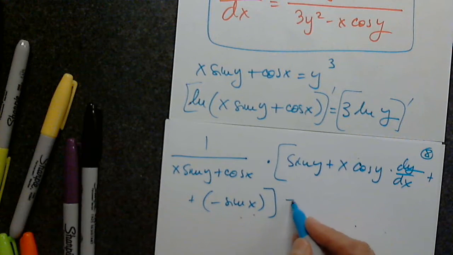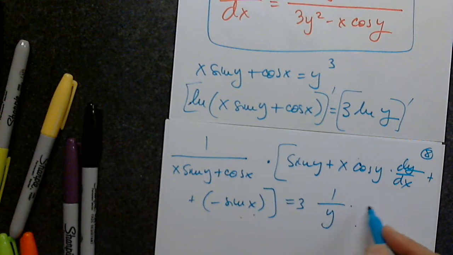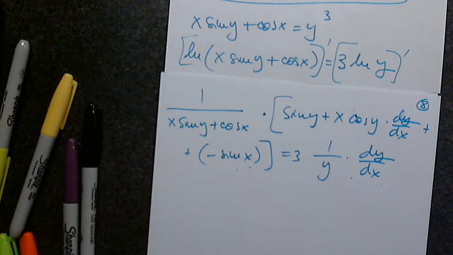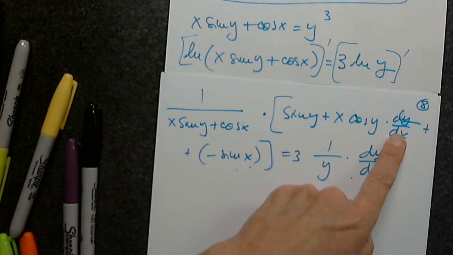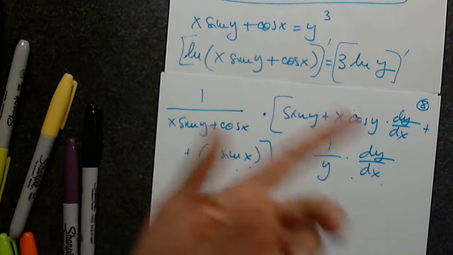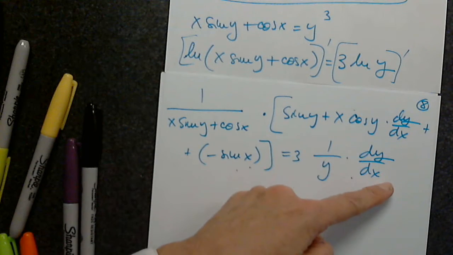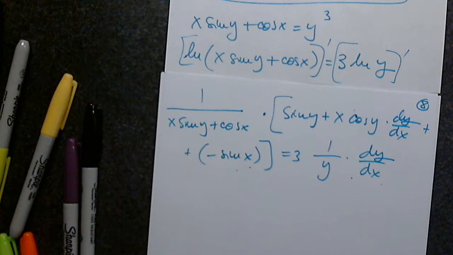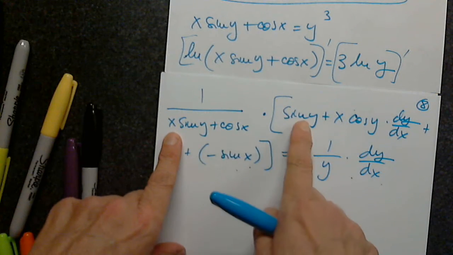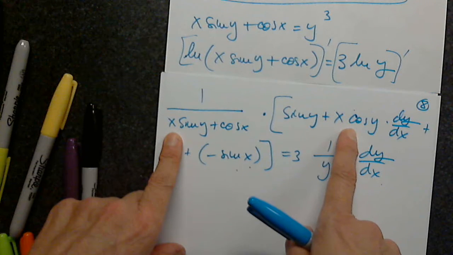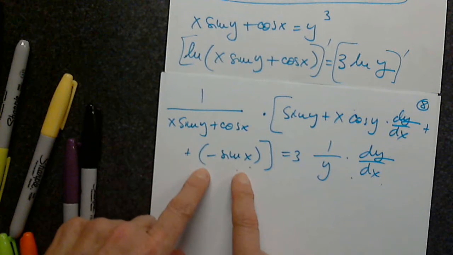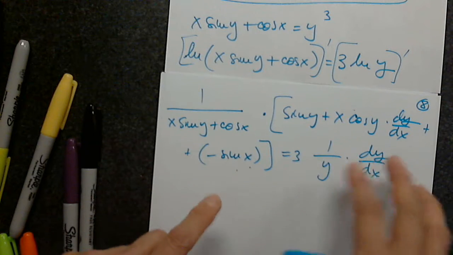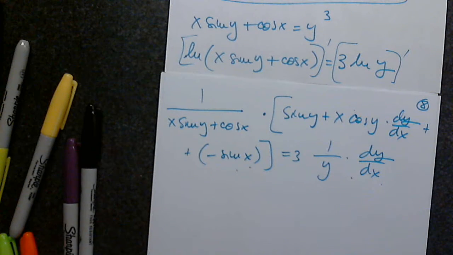And then the right-hand side will be 3, 1 over y times dy over dx. And I complicated things terribly because now I have to take this dy over dx with everything that goes with it to the other side so I can factor it out. But first I have to distribute this to sine y and this to this and this to this and then move terms around. So it made it way more difficult.